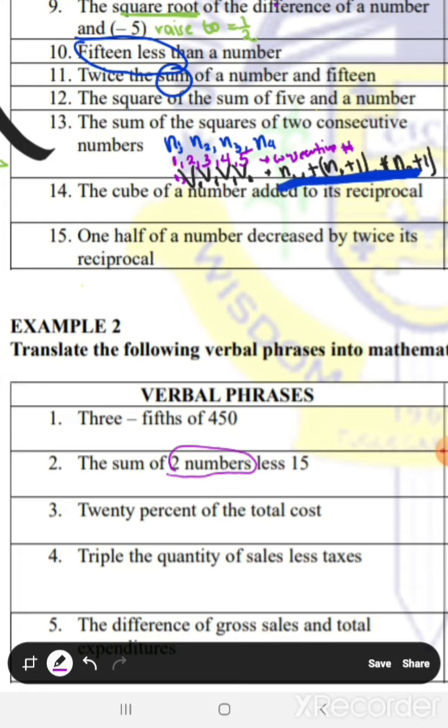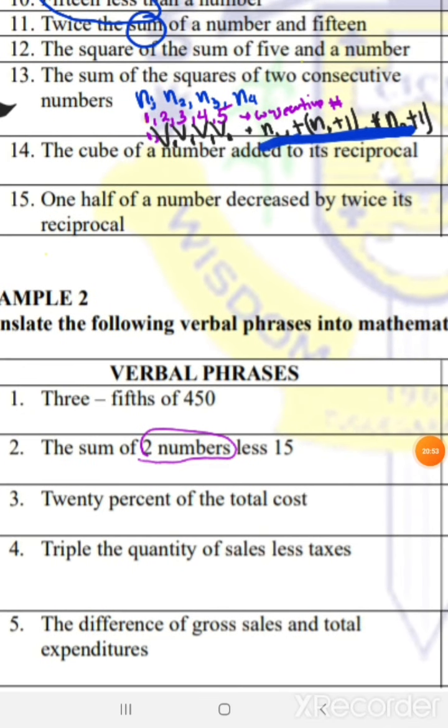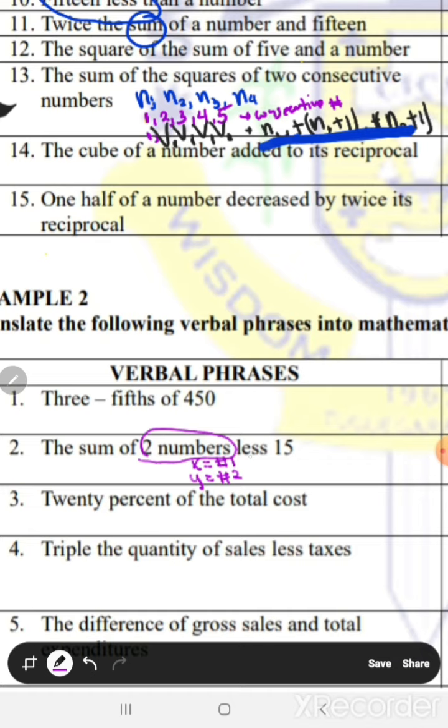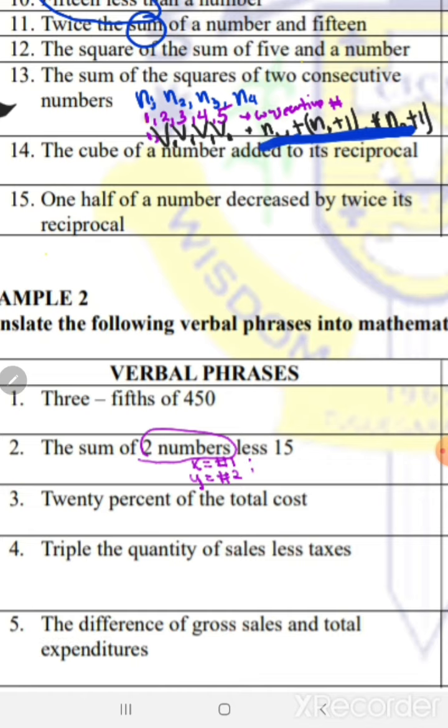So therefore represent x as your number 1 and your y as your number 2. Okay? Or we may say that it can be represented into n1, which is equal to your first number, and your n2, which is equal to your second number.